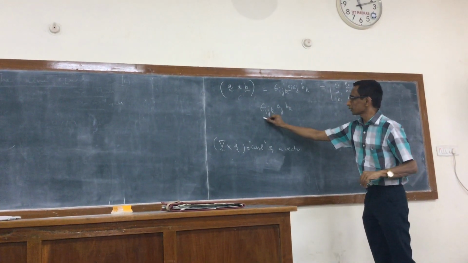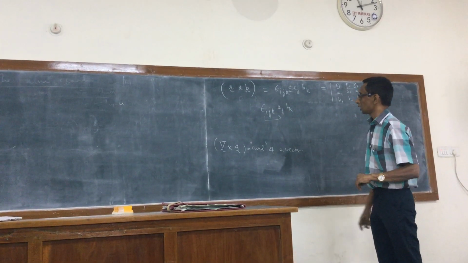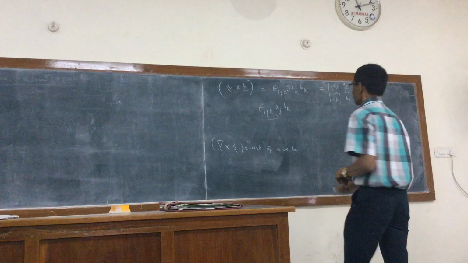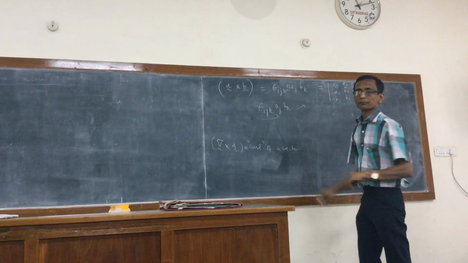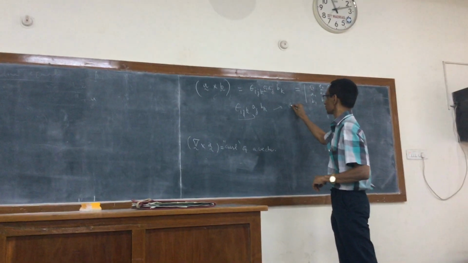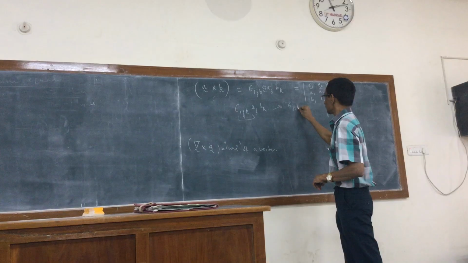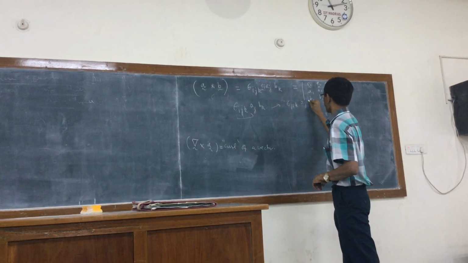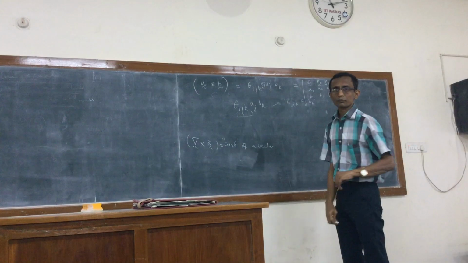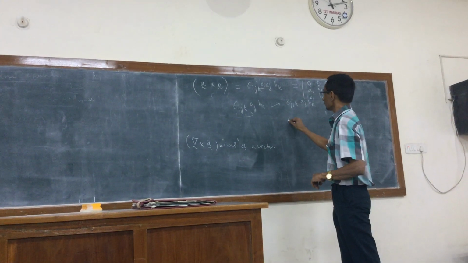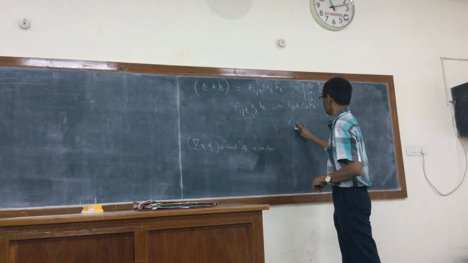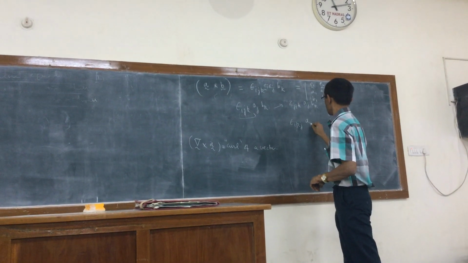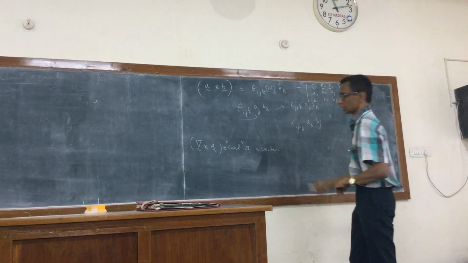Now, if you look at this, epsilon_ijk a_j b_k. Now, I'll write two other terms with slight modifications of this. Suppose I make this epsilon_jik, and then I write epsilon_ijk a_k b_j.